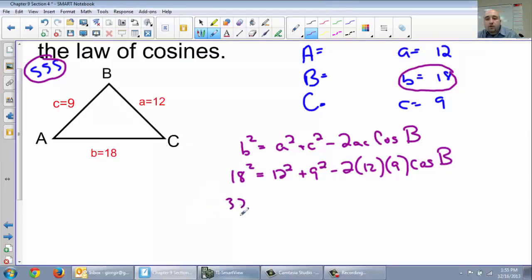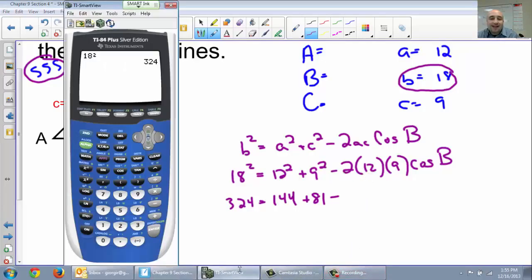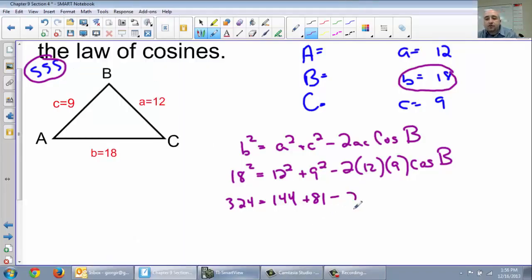So 324 equals 144 plus 81 minus 2 times 12 times 9. 2 times 12 is 24. 24 times 9 is 216. So minus 216 cosine of B. This one entails much more algebra than the last one.